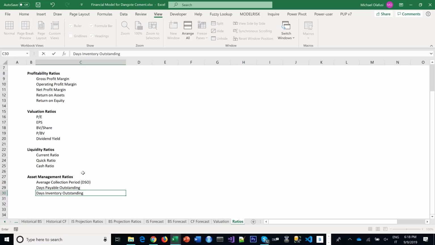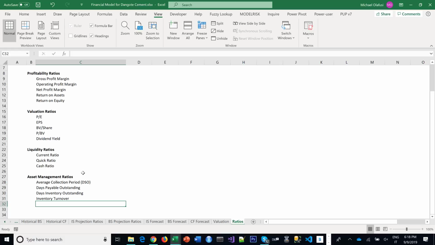Days inventory outstanding, inventory turnover, how fast enough you consume your inventory. Fixed assets turnover, total assets turnover.